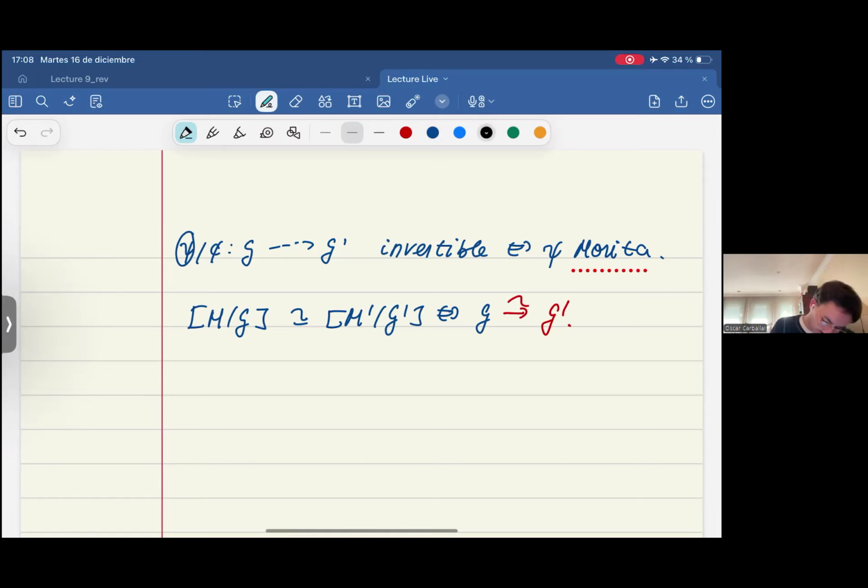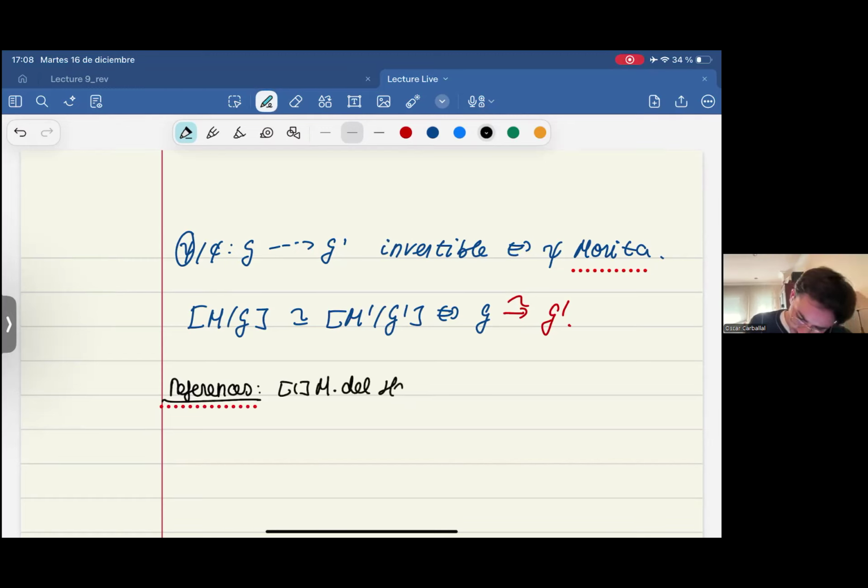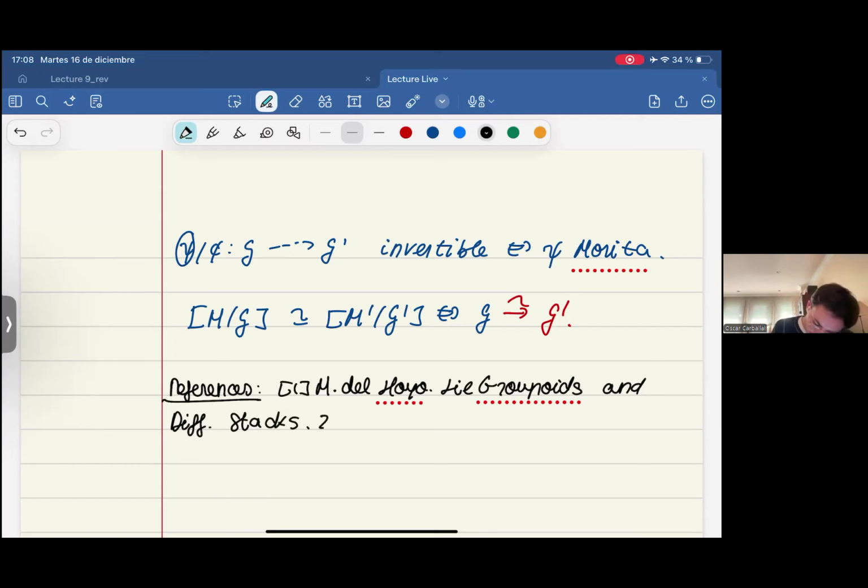And just finally, the references. The first one is Matías del Hoyo on Lie groupoids and differentiable stacks. I suggest you check the third version on arXiv.